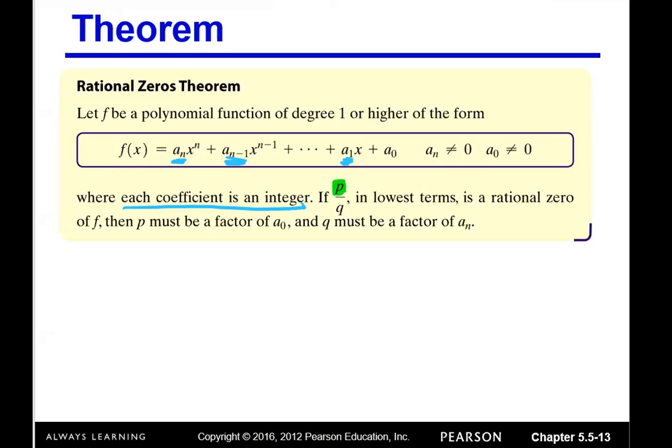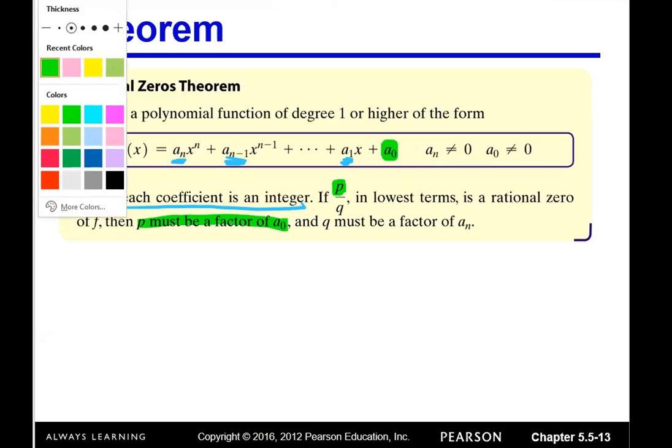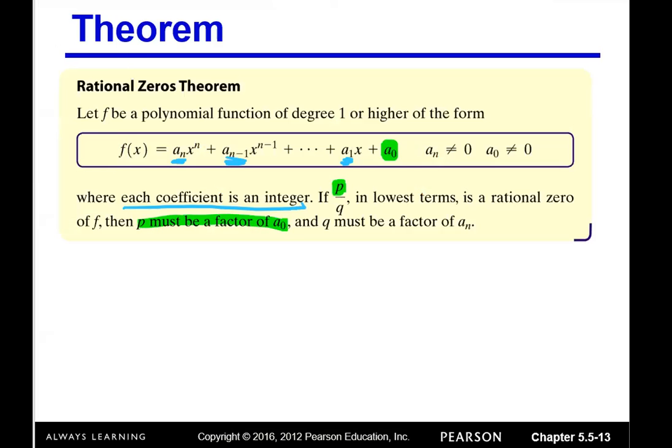P must be a factor of a sub 0. A sub 0 is the number at the end of your polynomial. And then q, which is the denominator, is going to be a factor of a sub n, which is the leading coefficient. How they figured this out, I don't know.